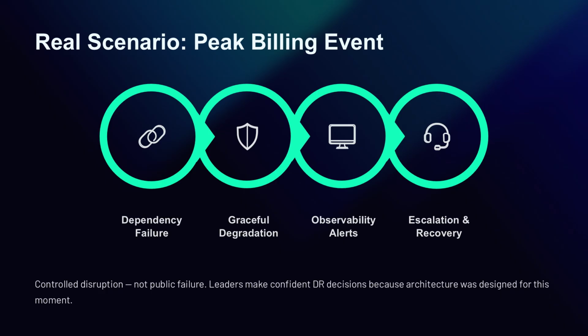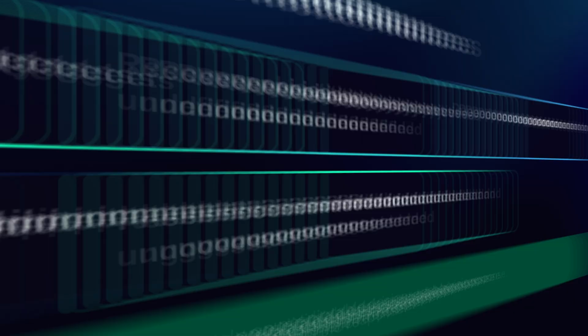A resilient architecture isolates that failure, degrades gracefully by maintaining critical customer functions, and triggers clear monitoring signals that show business impact immediately. Support teams follow defined escalation pathways. Leaders understand whether recovery objectives are at risk, and disaster recovery decisions are made confidently if needed. The outcome is controlled disruption rather than public failure.